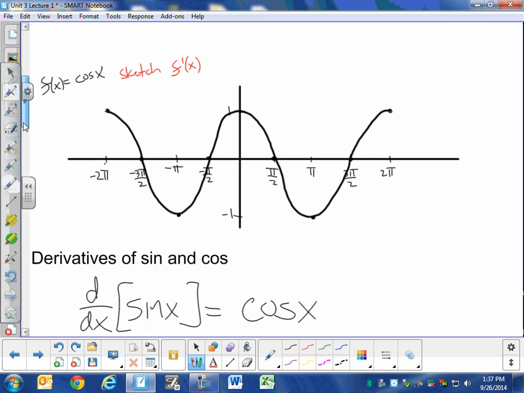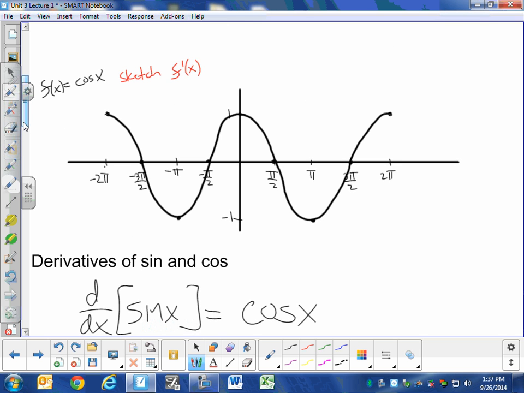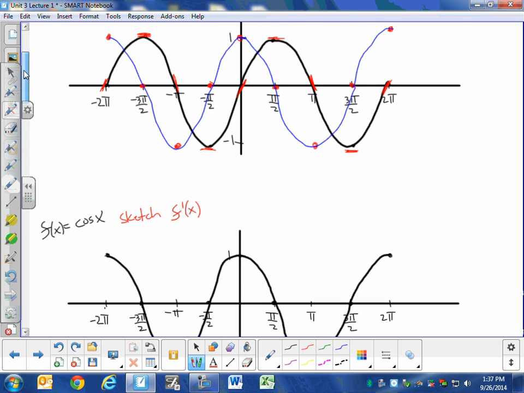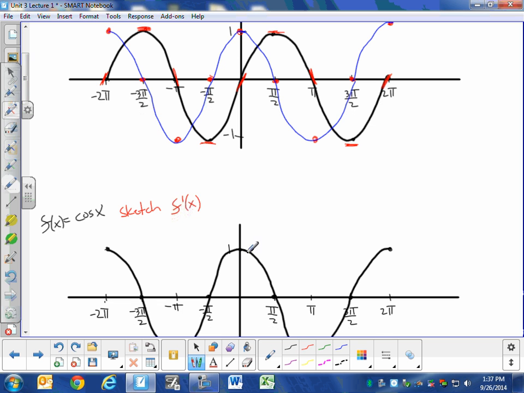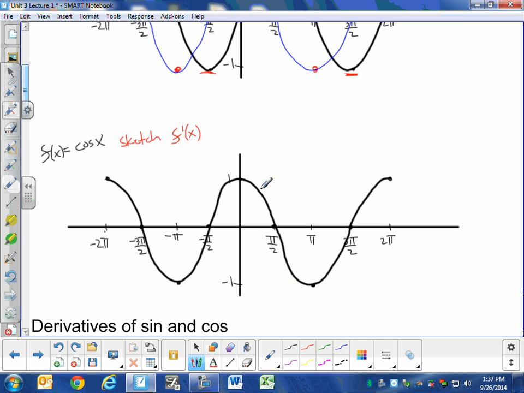Cool. Well, let's look at cosine, and let's do the same process. Let's sketch the graph of f prime if f is cosine. So here was the cosine function that we just developed in blue. I put it down here, it looks a little nicer. That way we can separate it. And let's start sketching. I got 0, negative, 0, positive, 0. And here we have negative, 0, positive, 0.